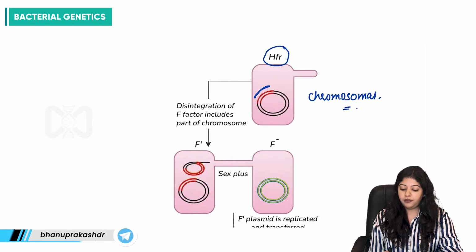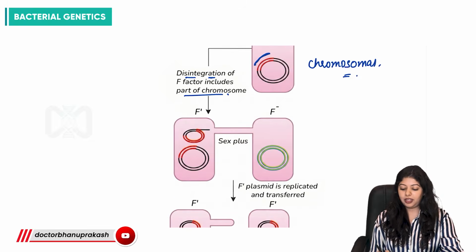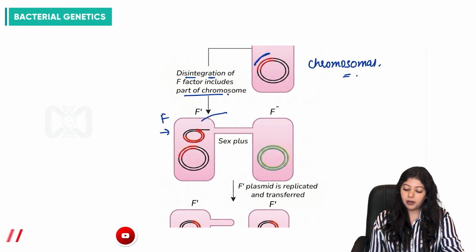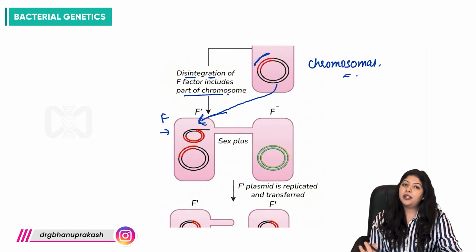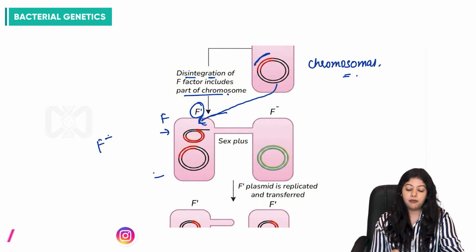Now after disintegration of this particular plasmid from the chromosomal DNA, what happens next? The F plasmid, along with its own properties, takes along some chromosomal DNA and gets replicated inside the cell. So now this is the F prime cell. Why do we call it F prime? It can very well be said that it is an F positive cell.